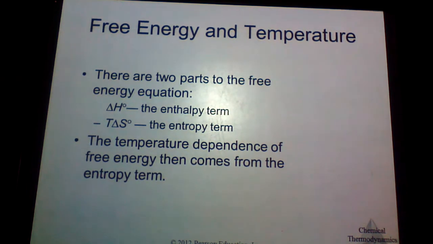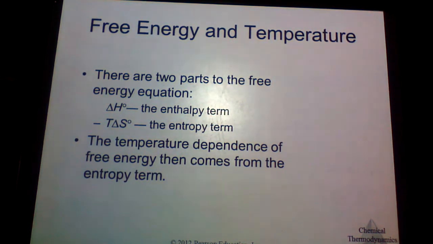There are two parts that we're going to need to know to determine how delta G is going to change. These two parts are delta H, which is our enthalpy term, which makes sense since H is enthalpy, and T times delta S, temperature times change in entropy, which we call the entropy term.